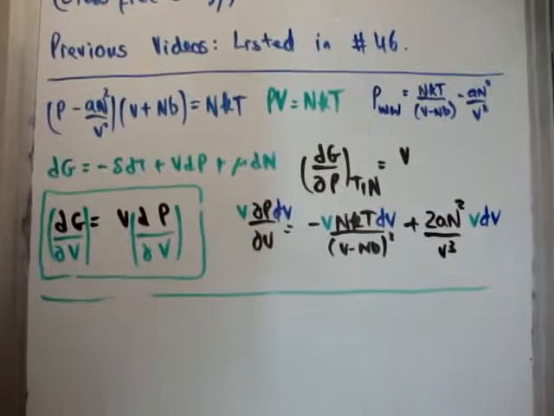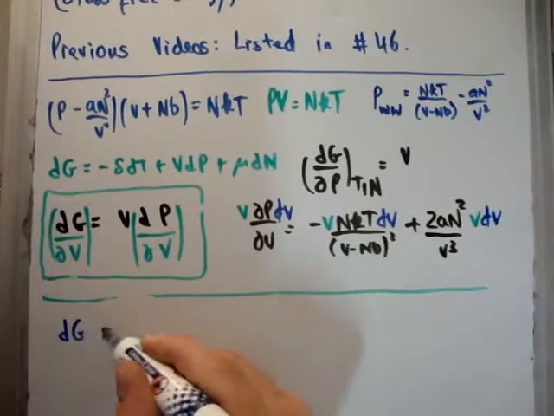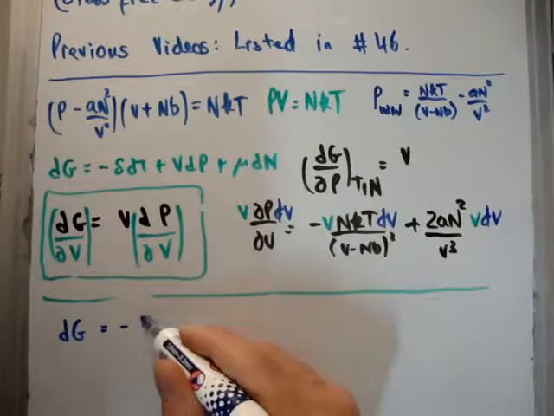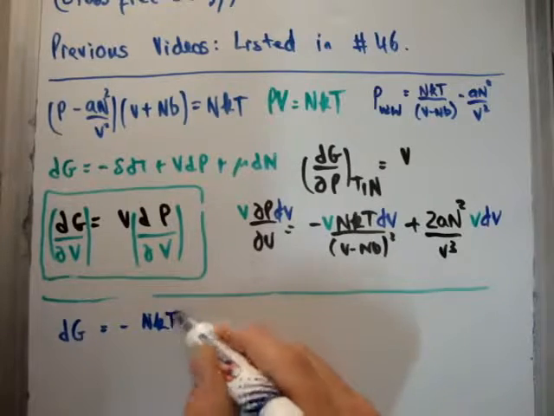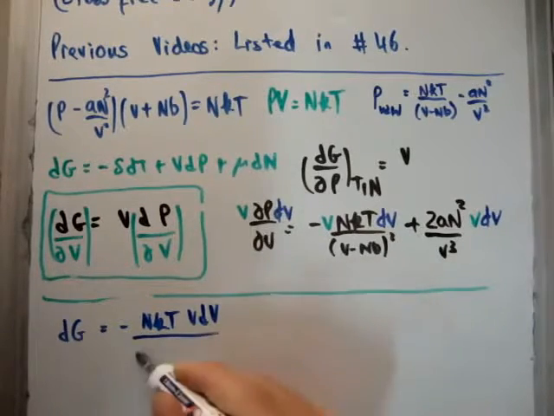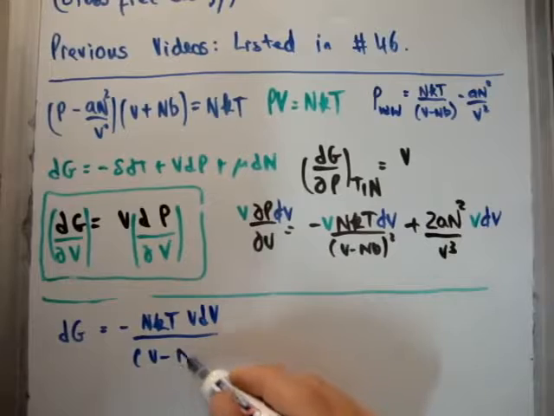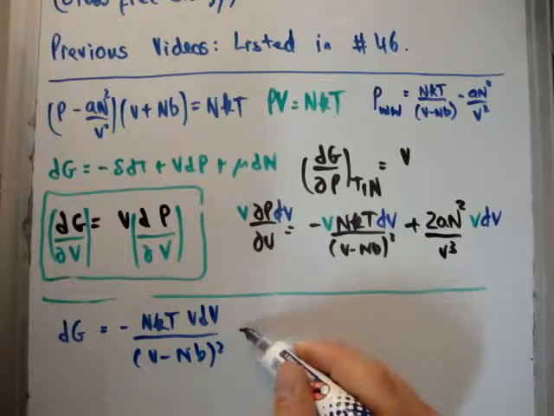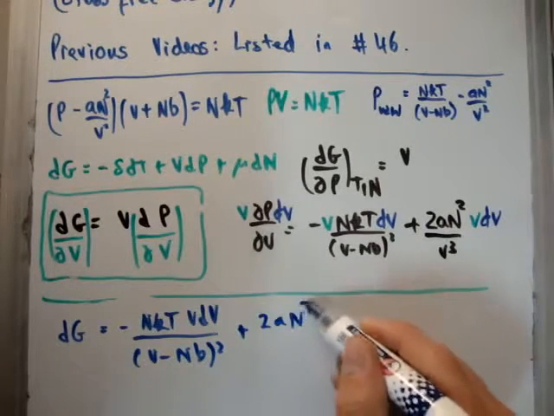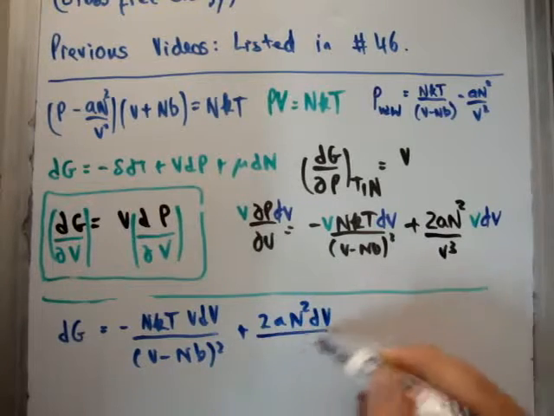Okay, now if we rearrange that, we can write that dG is going to be minus nkT V dV over (V minus nB) squared plus 2a n squared dV over V squared.